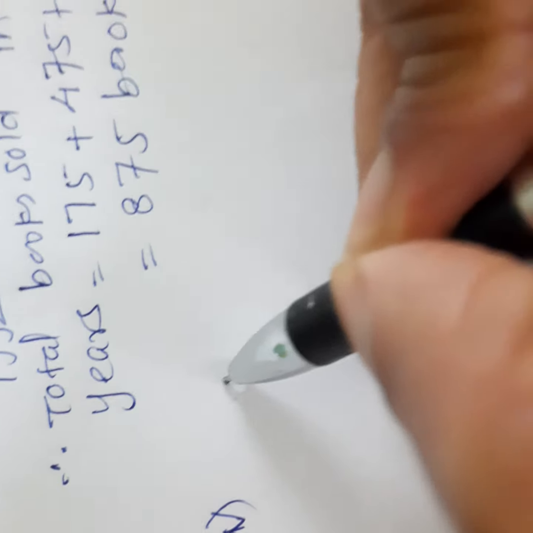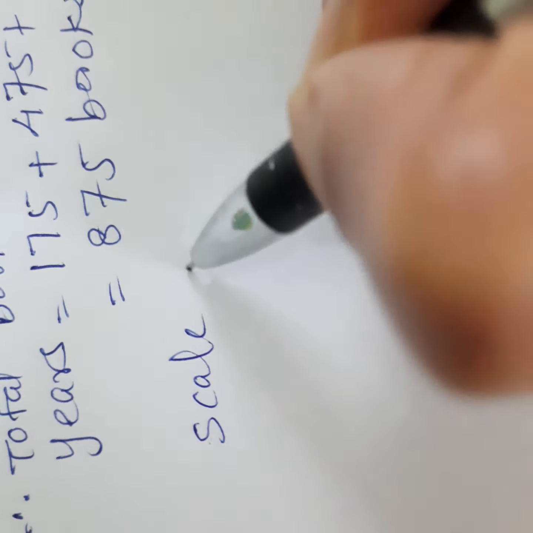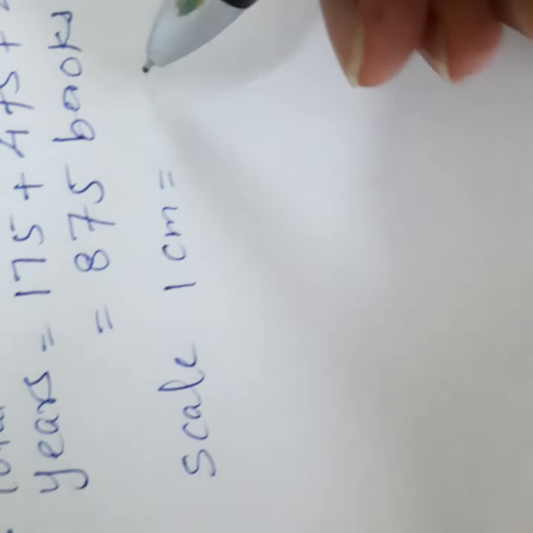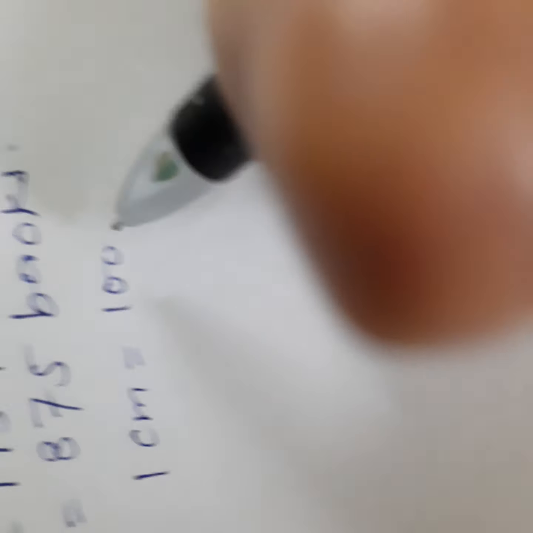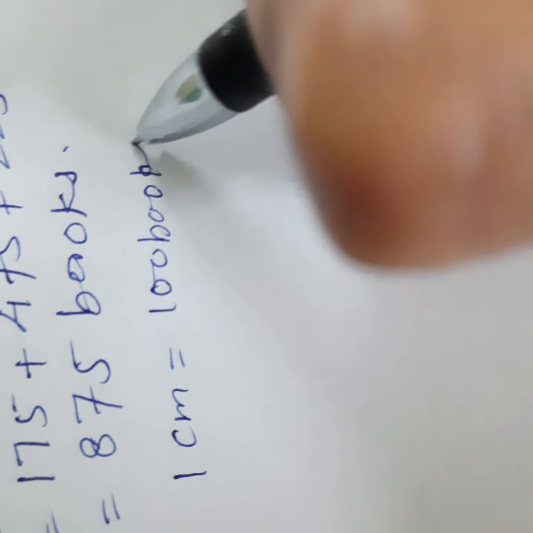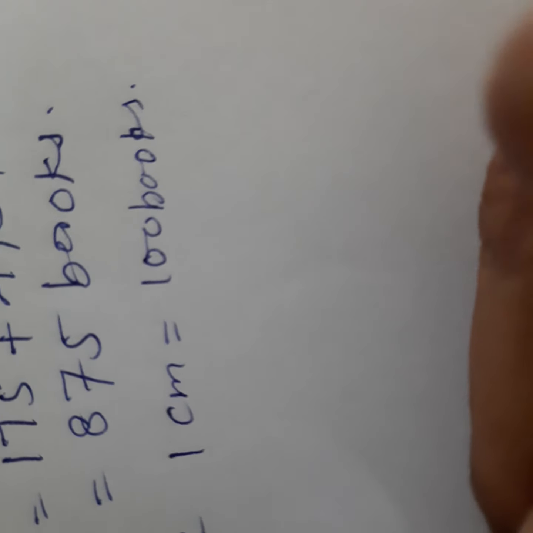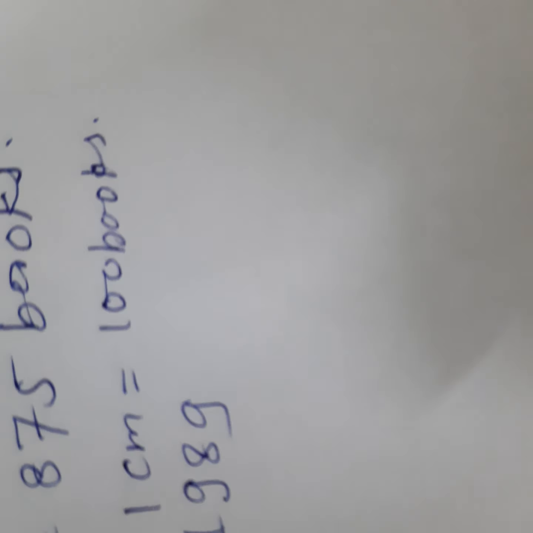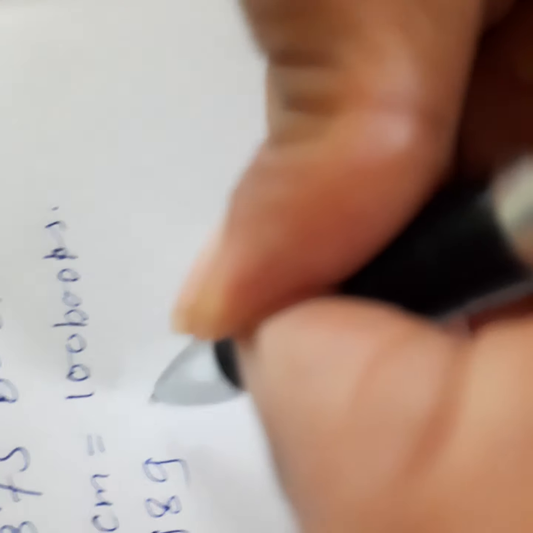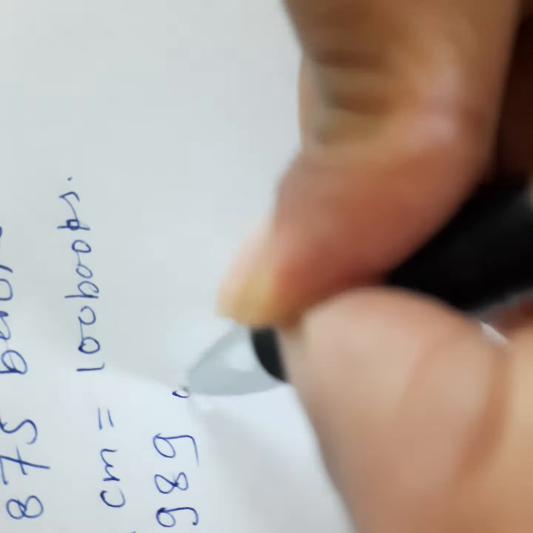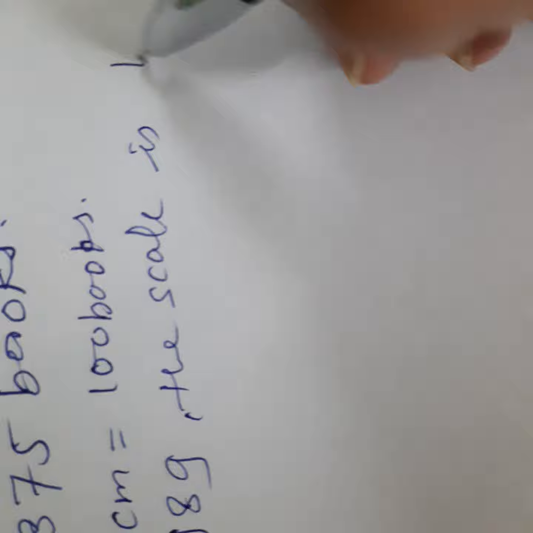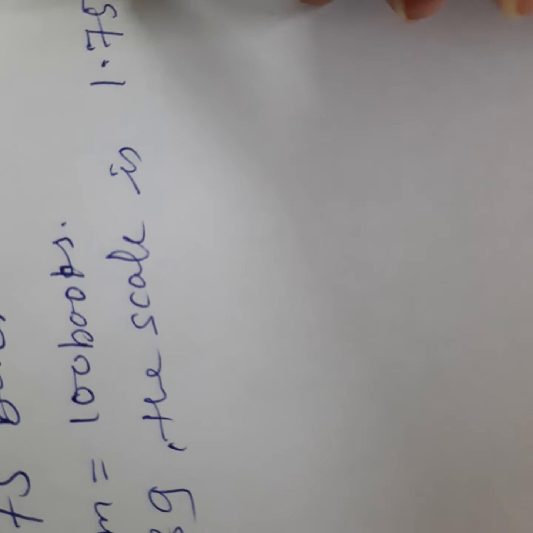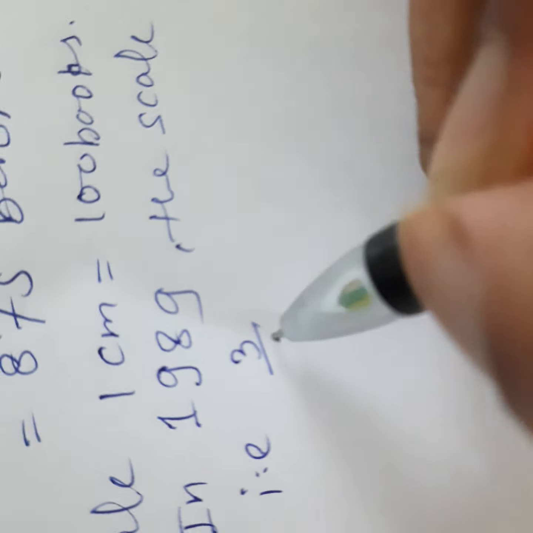So here, since the scale is 1 centimeter equals 100 books, therefore in 1989 on the vertical line, the height is 1.75 centimeters, that is, 3/4.